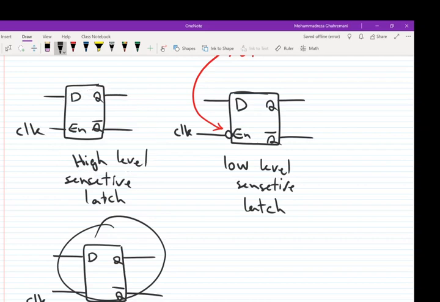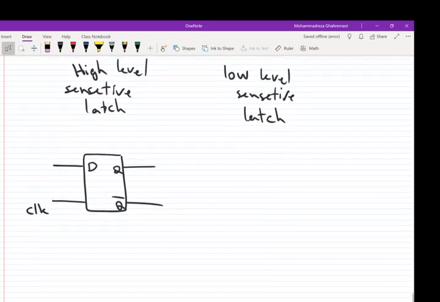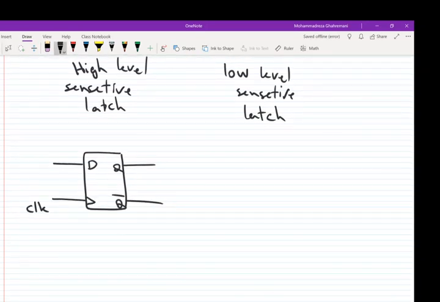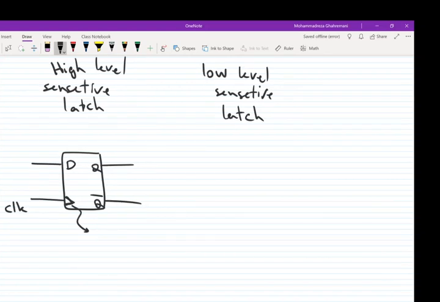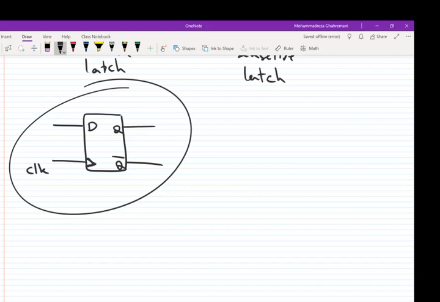There is a difference in the way we show the flip-flop. We use one small triangle here in the clock input, and it shows that this schematic is for a flip-flop, not for a latch.